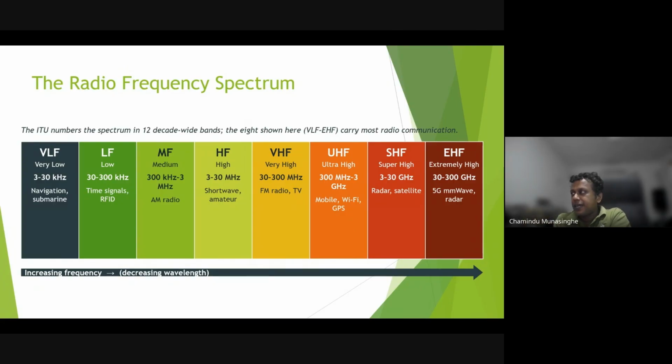So why do we have these bands? It's for ease of communication, and also to divide this up and allocate, rather than giving a precise frequency range when we communicate, we say HF or VHF.